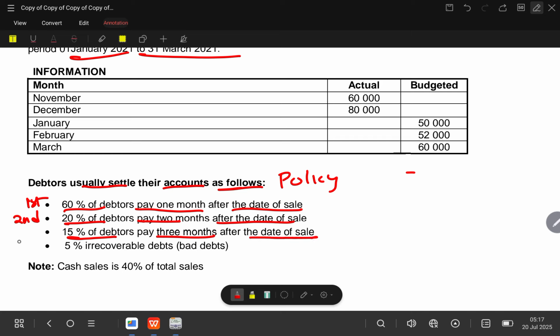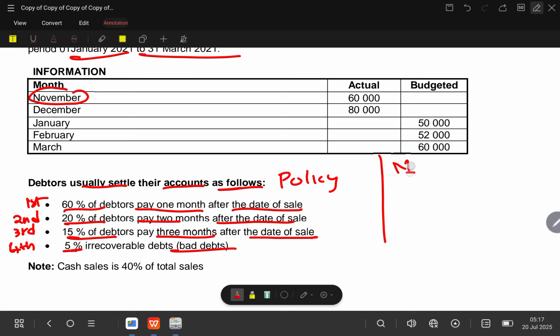So in other words, that 15% will pay in the third month, and then the fourth thing that we need to know is that 5% of bad debts will be written off, and this will not be done in the third month, but in the next month, which will be our fourth month. For example, if somebody purchased in November, we need to know when we are going to write them off.